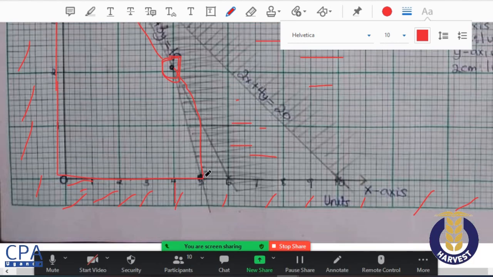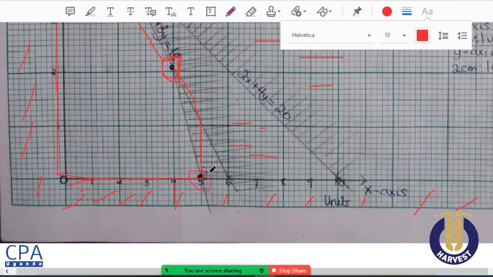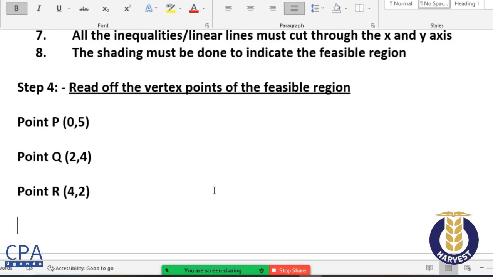The last one, which I can call S, is 5, 0. That is point S, which is 5, 0. So those are the vertex points of the feasible region.